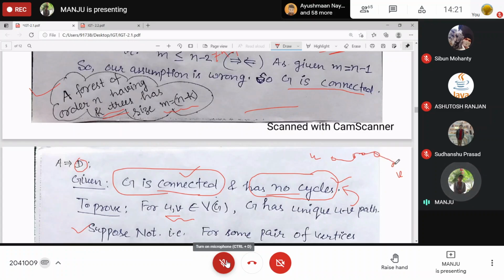Then is the possibility of a unique path gone, right? Whenever a cycle comes, then at least two paths will definitely be there, right? That's why which is not possible. Whatever we have assumed is wrong. So it will become acyclic. And why is this wrong? Because exactly one path is given. Clear?